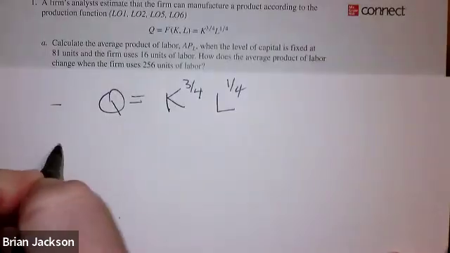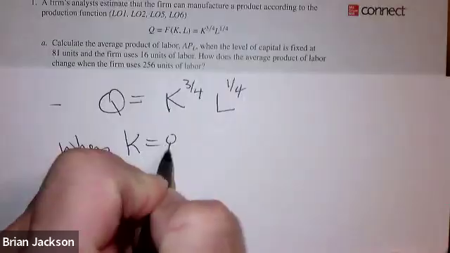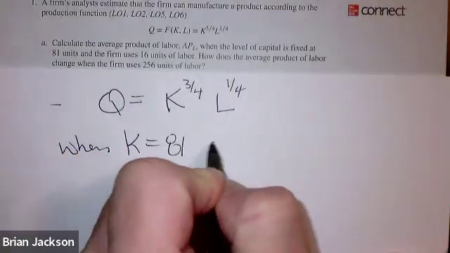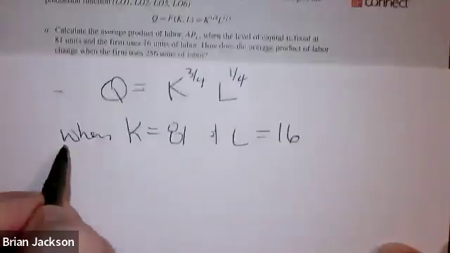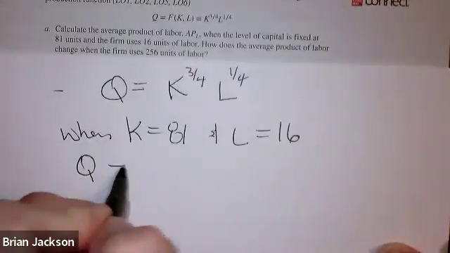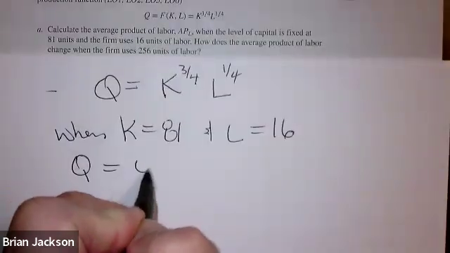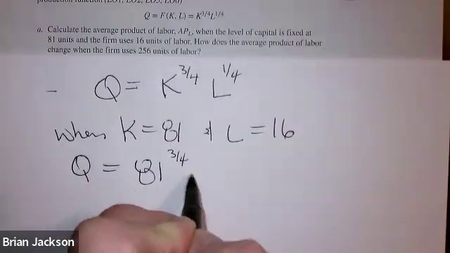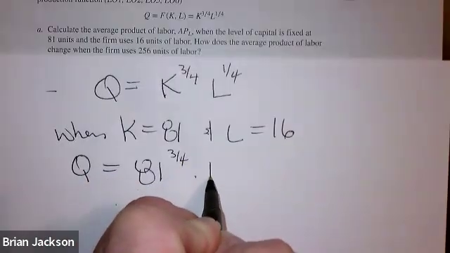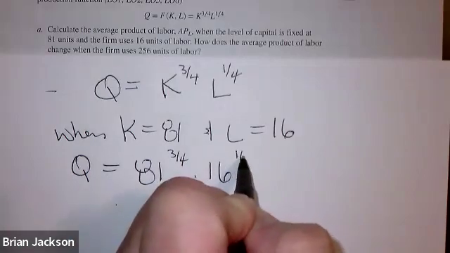First off, when K is 81, which is what they say to assume, and L is equal to 16, then we can find output. Output is given by the output function.